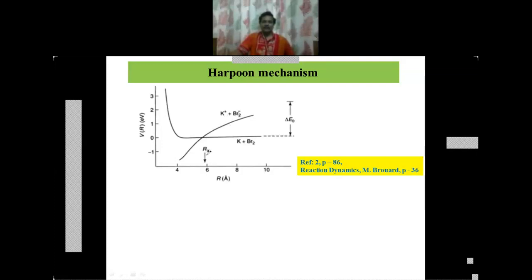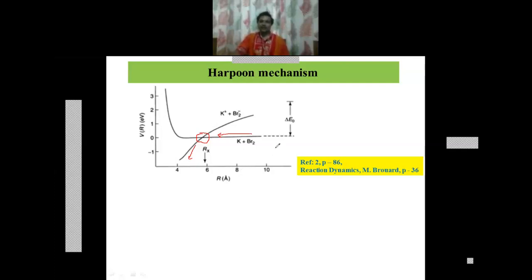So when the system comes to this crossing point, the electron can be transferred from potassium to bromine, and then it follows this Coulomb interaction path. Before that, it was coming through the covalent interaction.